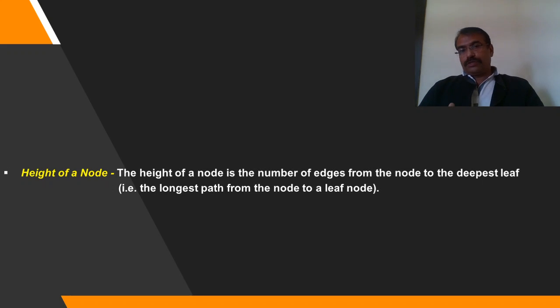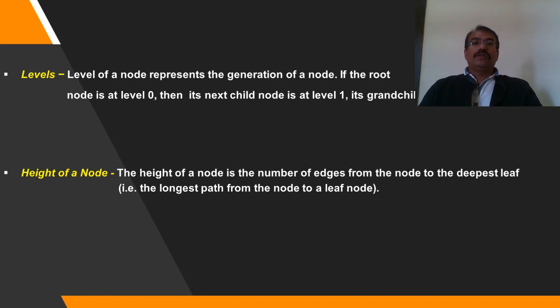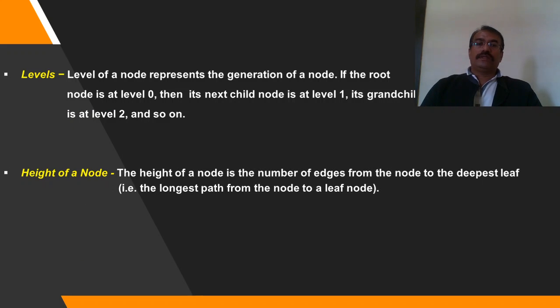So whatever is the last node, if it has two edges in between, then we'll say that it has a height of 2. And levels of a node represent the generation of a node. If the root node is at level 0, we'll generally consider the root level as level 0, then level 1, level 2, level 3, and so on.